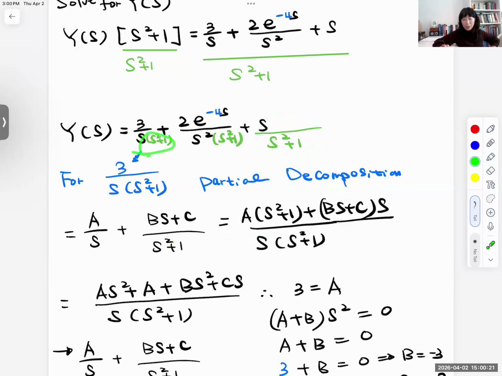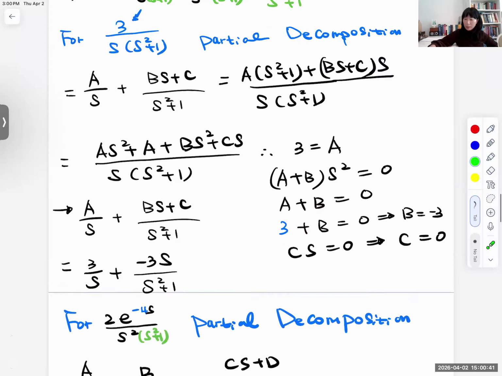Because in that case, we have S times S squared plus 1. S squared plus 1, right? That's why we had to have partial decomposition. Make sense to you?